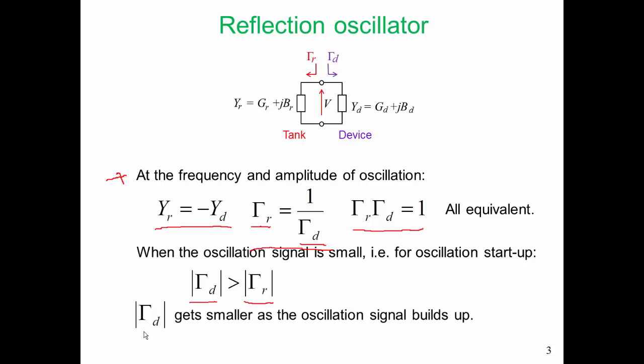And as oscillation builds up, gamma D will get smaller. And we would like it to get smaller in a very controlled way, so eventually the magnitude of gamma D is equal to the magnitude of gamma R. And at that point we will also have the magnitude of gamma R is equal to the magnitude of 1 over gamma D.